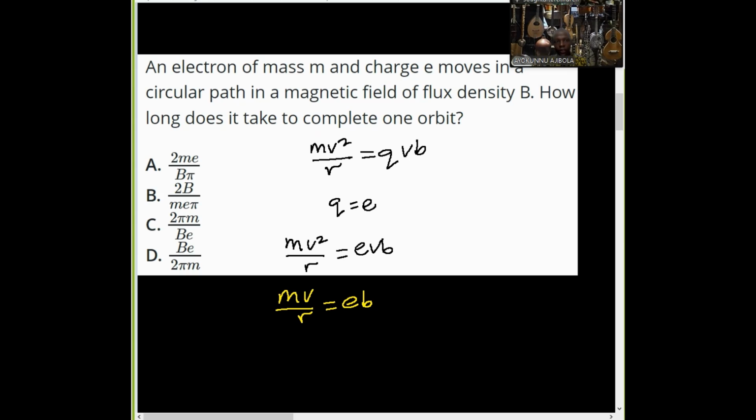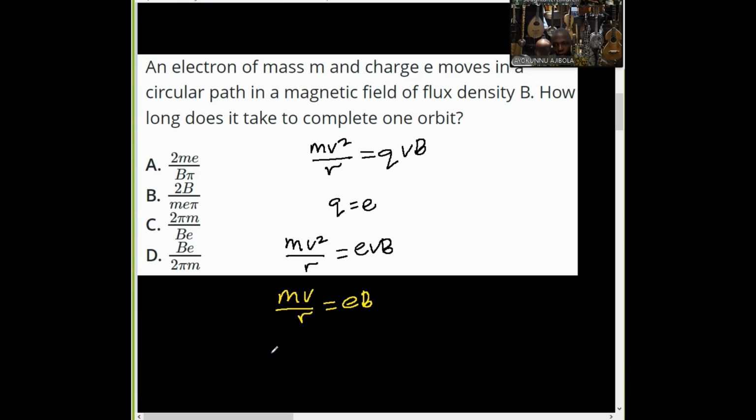It is this same b that is being represented in capital letters, so I can change this to capital B. Then omega comes in to replace the v over r.